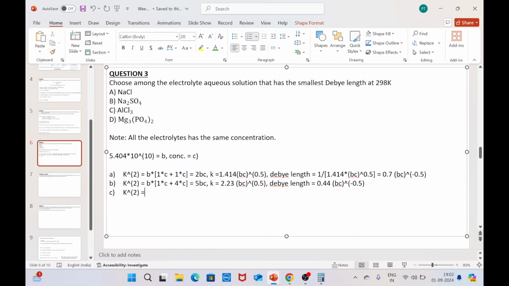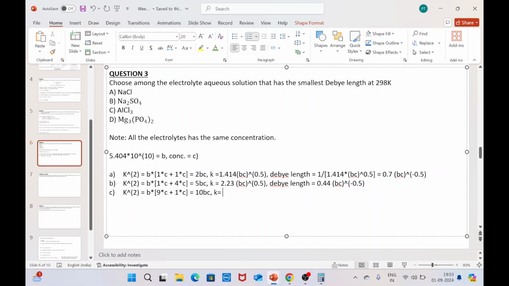So again it is B times. So it is AlCl3. So aluminium will have 3 and Cl will have 1. So 3 square is 9, plus Cl is 1, so 1 square is 1. So this will be nothing but 10 Bc.